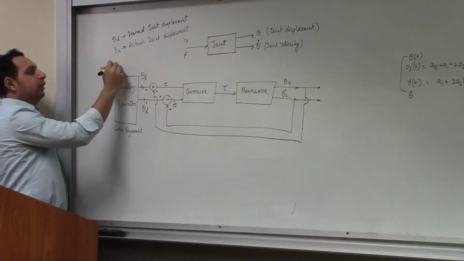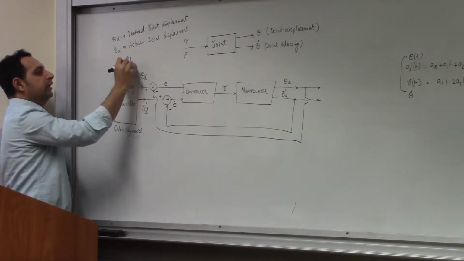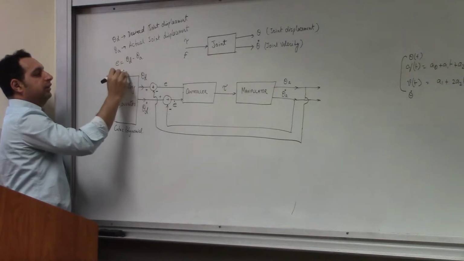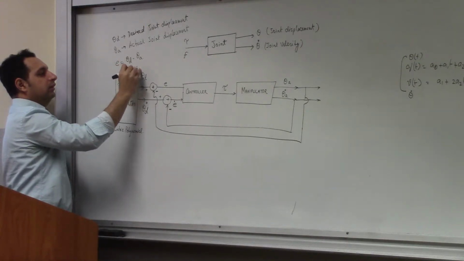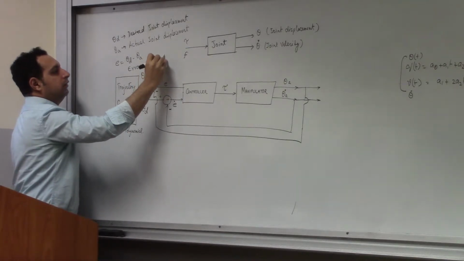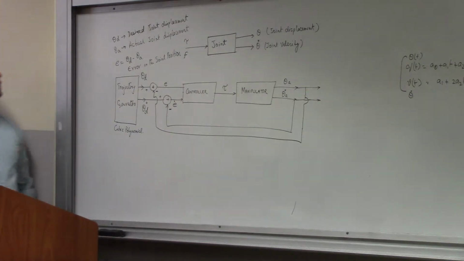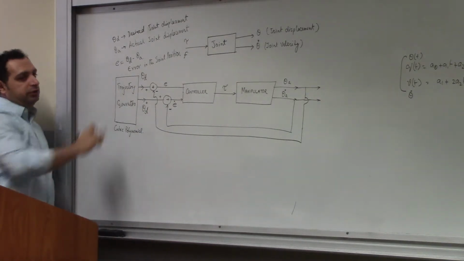So when you talk about it, E will be equal to theta d minus theta a. This is your error in the joint position. So E will be the error in joint position.